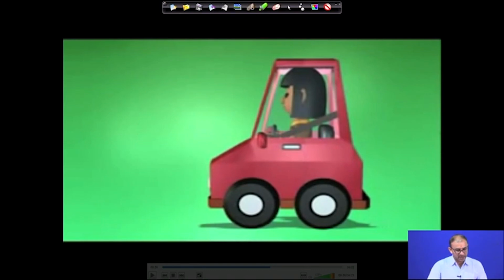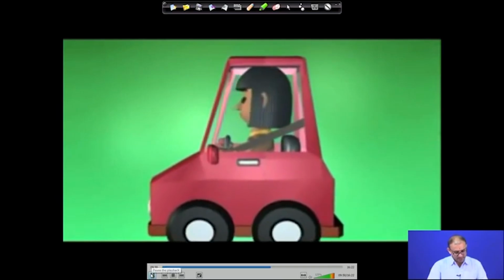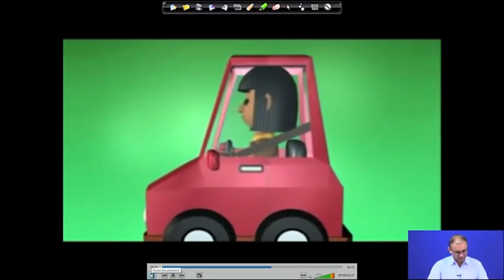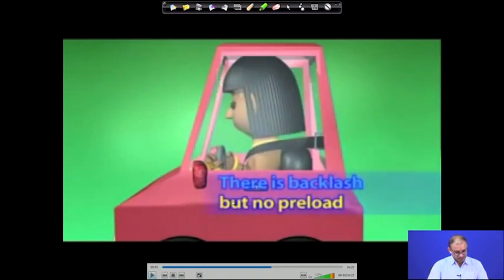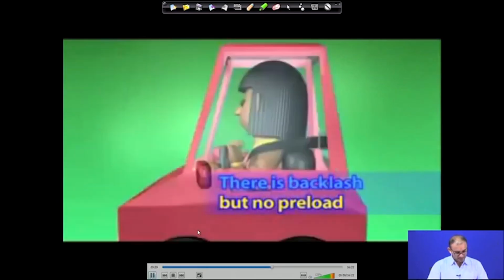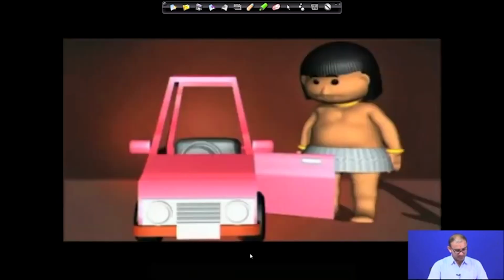It does not have any motion constraint. So, it is moving in both directions. It has some clearance, so there is a backlash, but no preload. I will explain the preloading again.